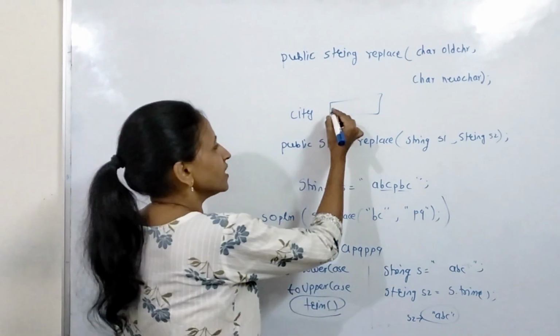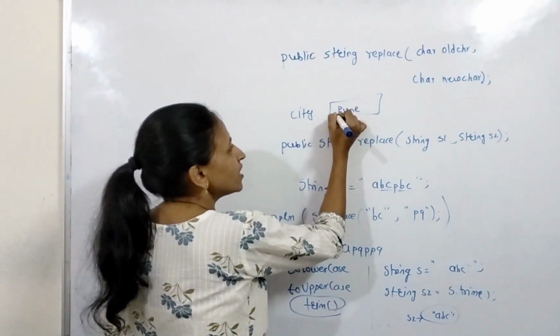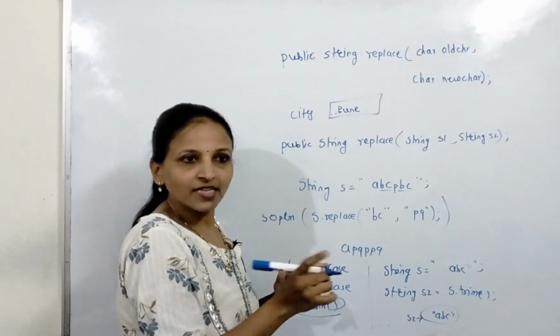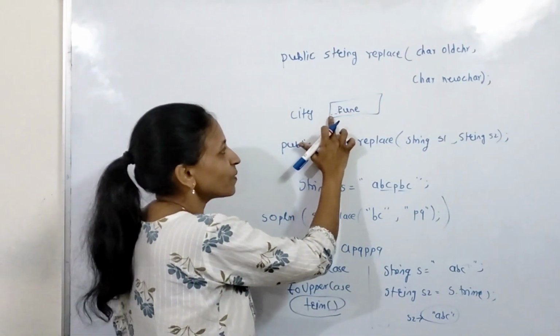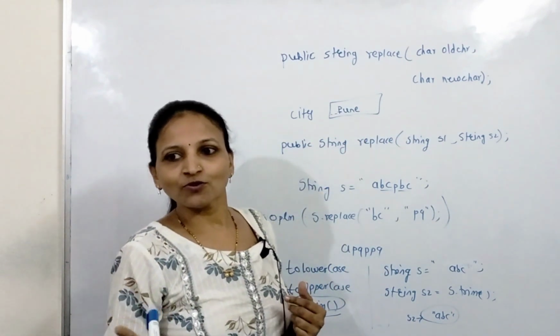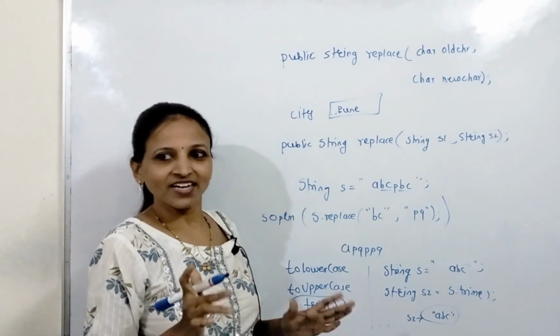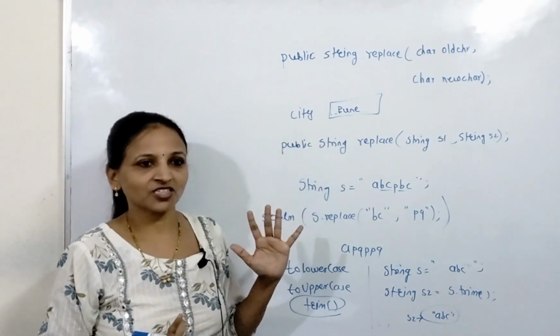Because suppose we have entered Pune, but before that we have pressed space 2 times, then this will be considered as space Pune, and if you are matching that with Pune, then of course you will get non-matching here. Okay, this is just a function.